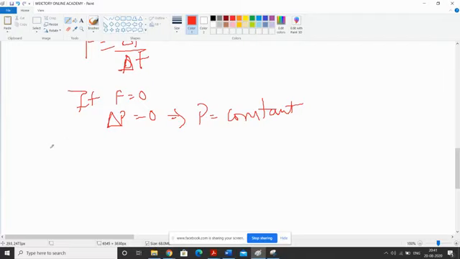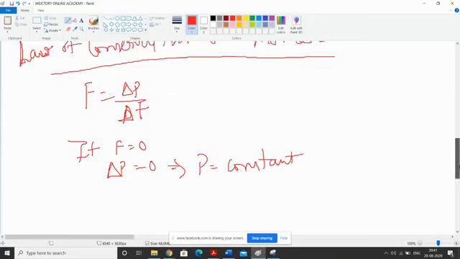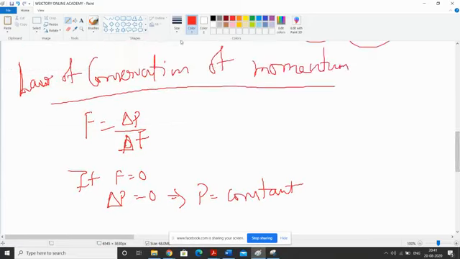You can write it in statement form: if force applied on an object is 0, momentum is conserved. That's the law of conservation of momentum. And it has huge application. A lot of questions come in the exam based on it, so you can apply this concept.